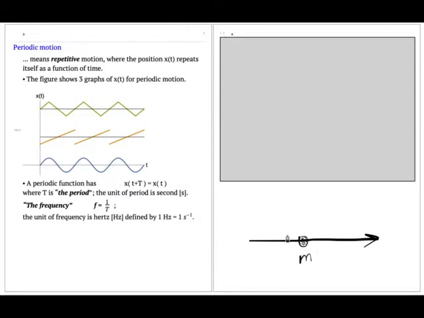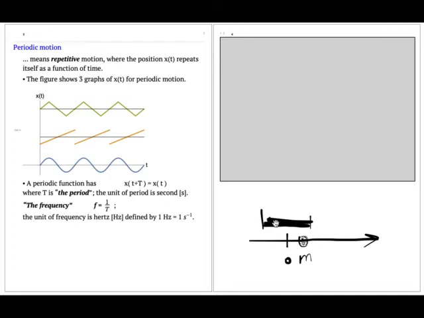So there'll be some equilibrium position, and this mass will oscillate back and forth about that equilibrium position. Some maximum displacement and some minimum displacement, or that is to say, some positive displacement and some negative displacement.